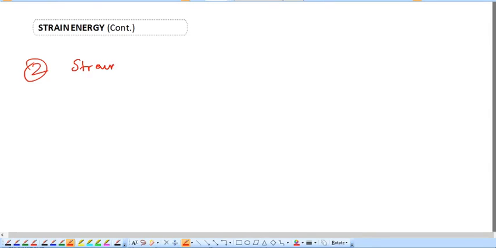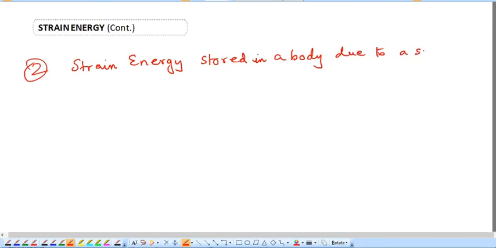Strain energy stored in a body due to a suddenly applied load.